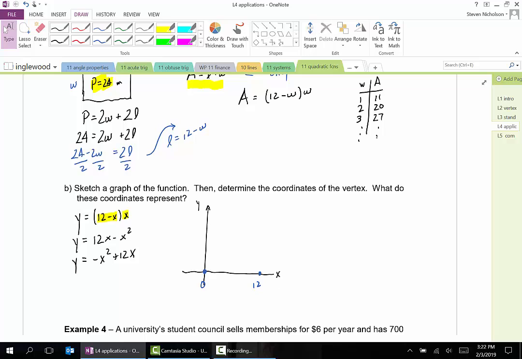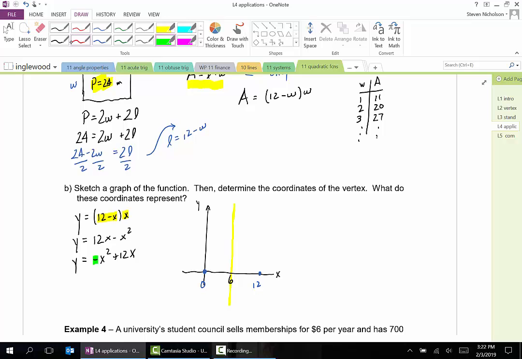But given I have my x-intercepts at 0 and 12, what I know is the axis of symmetry is exactly in the middle of those. And based on the leading coefficient being negative, I know my parabola opens down. I know I'm going to have a top. And a top is the most. The top is the maximum.